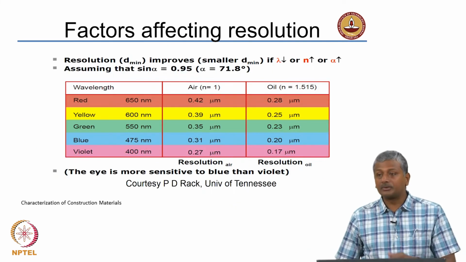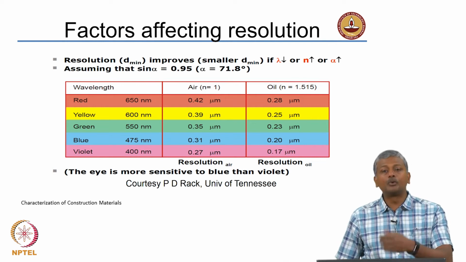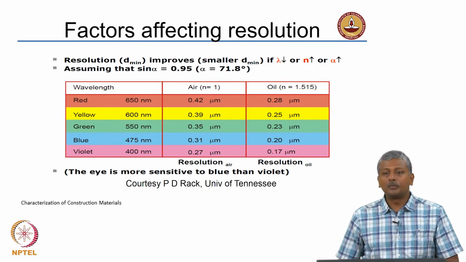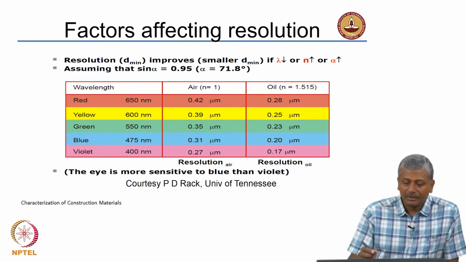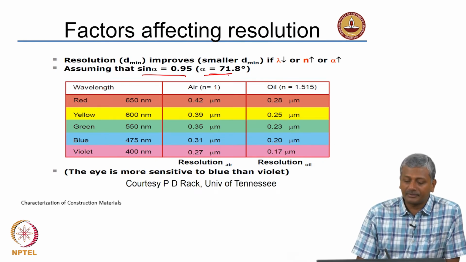So, again just to give you some numbers here. Resolution obviously improves with smaller wavelength, it also improves with higher numerical aperture or higher refractive index of the lens. Here, assuming that sin alpha is 0.95, that means you have a fixed working distance which produces an alpha of 71.8 degrees.